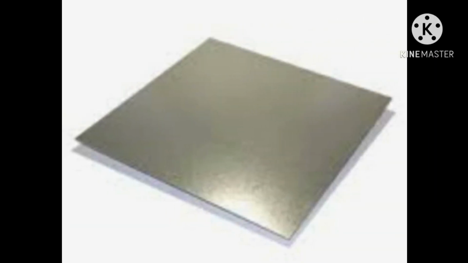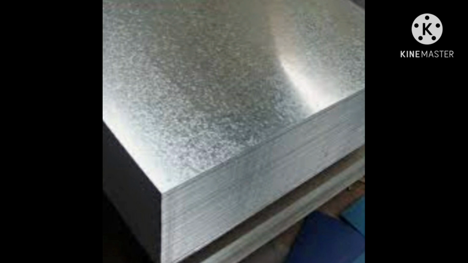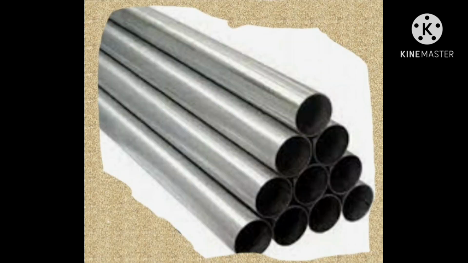The iron sheets used for making buckets, drums, dustbins, and roofs are galvanized to prevent their rusting. The iron pipes used in our homes to carry water are also galvanized to prevent rusting.